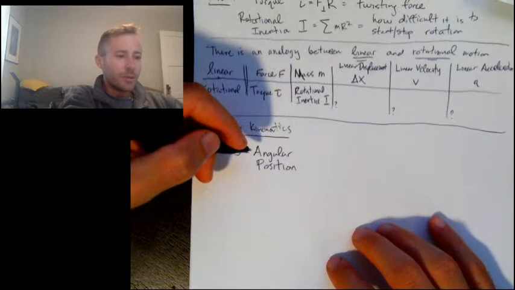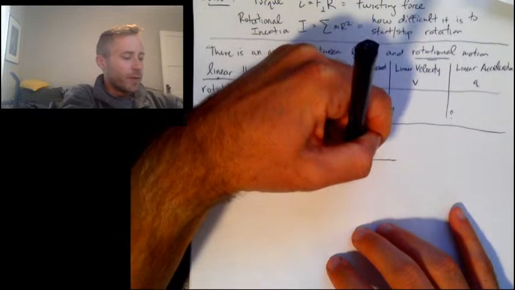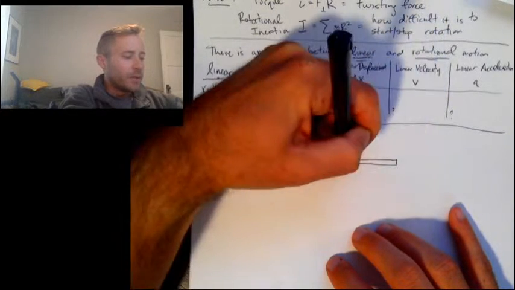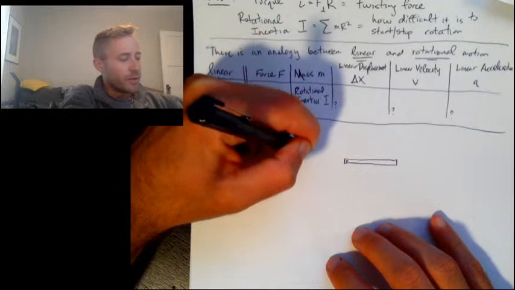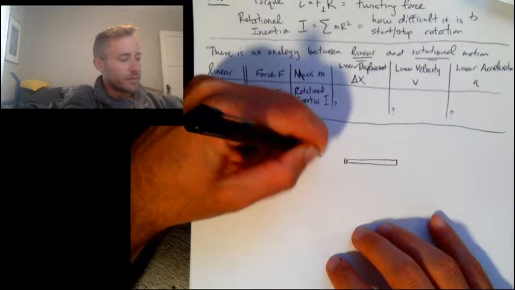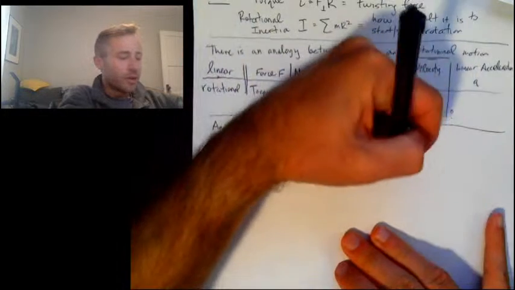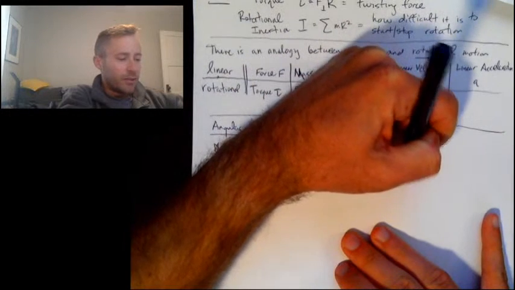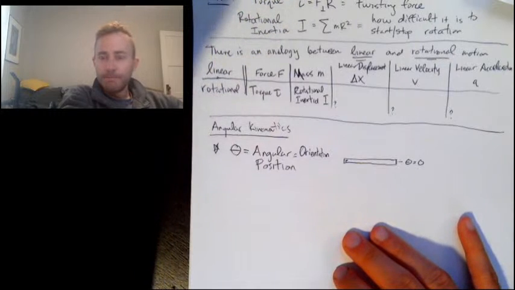The angular position. So, for example, if you have a beam, the angular position describes basically the orientation of an object. If you have a beam that's horizontal, it has an angular position of 0.